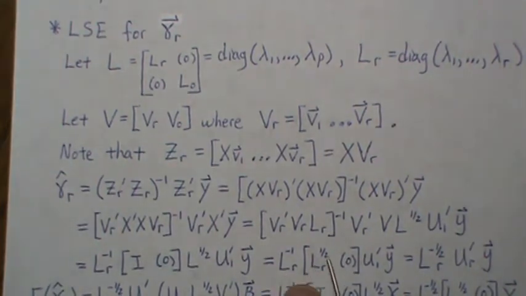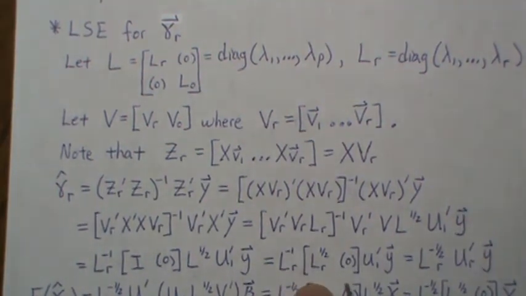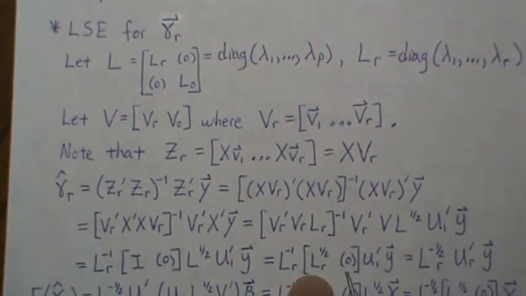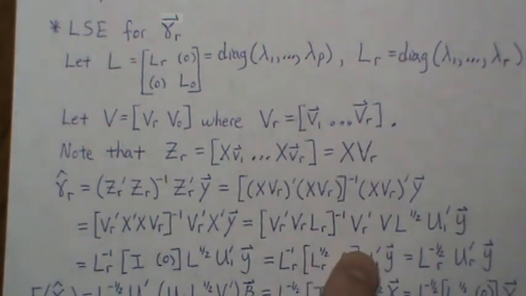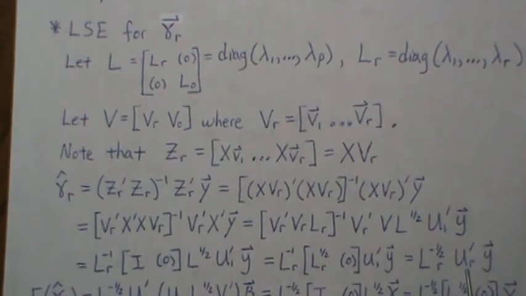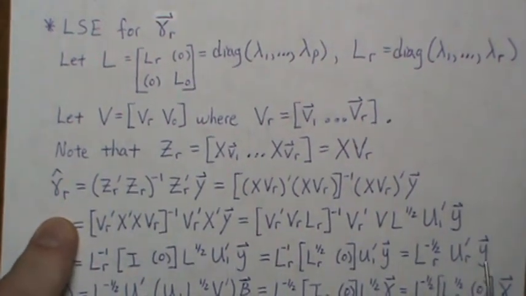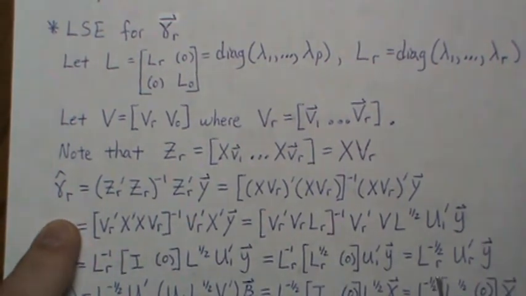Here, if we factor out an L_R to the 1/2, then that makes that an L_R to the minus 1/2. Then we multiply the identity matrix and 0 times U_1. We're only picking off the R columns. So that's what this is. So this is the least squares estimate of the principal components model.